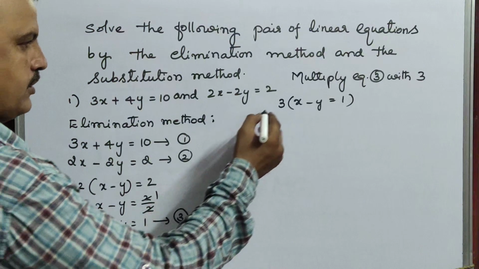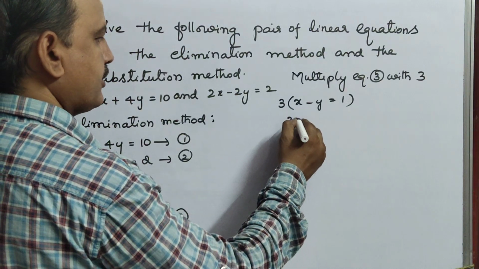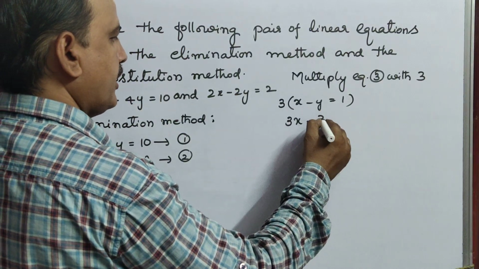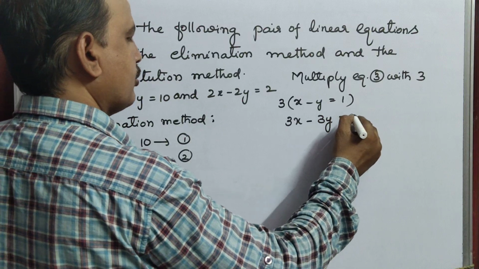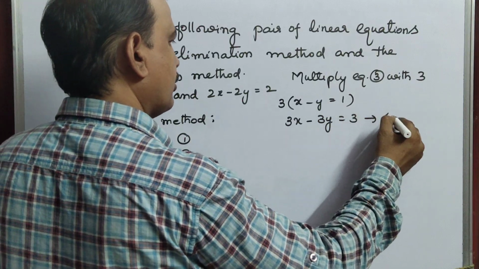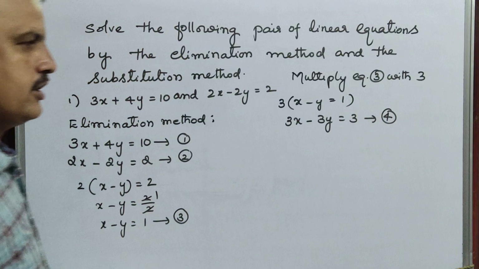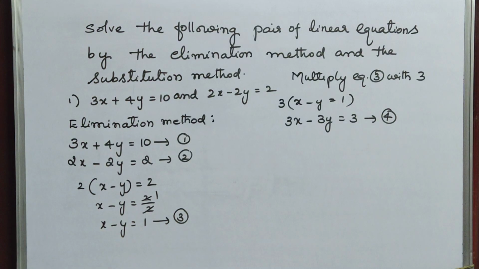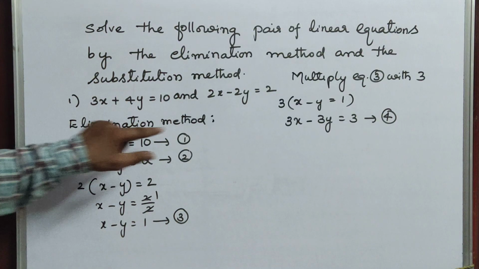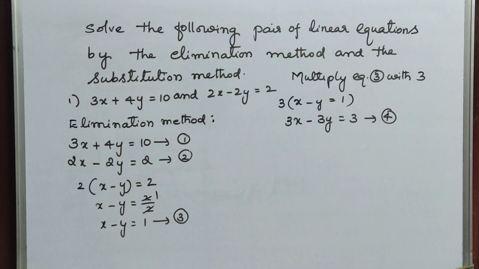That means 3x minus 3y equals 3 ones are 3. So you've got a new equation, that is equation 4. Now observe equations 1 and 4.